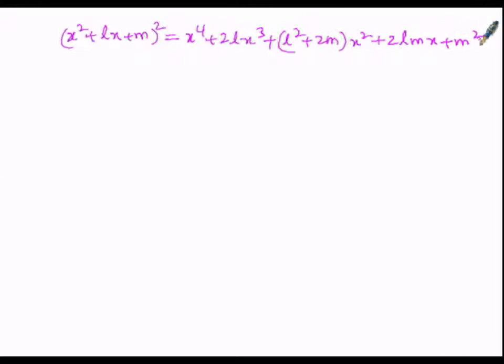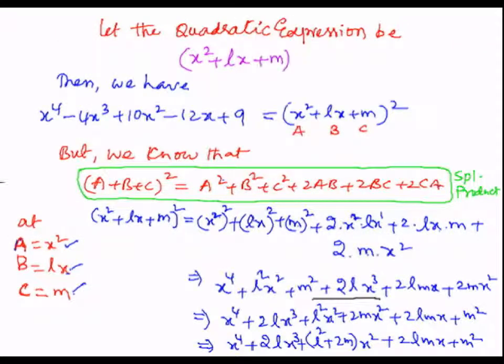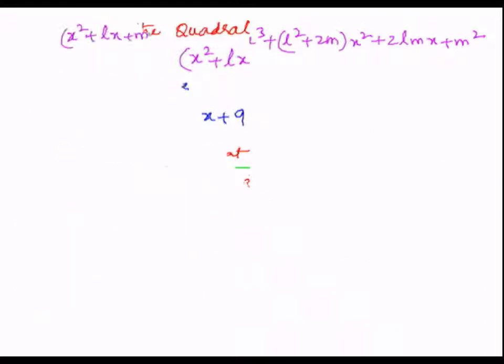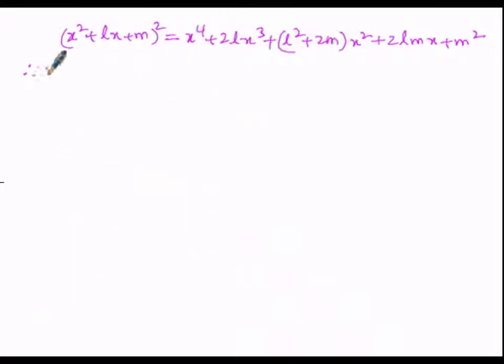Now, but actually as per the problem, this (x² plus lx plus m) whole square is nothing but equal to the given quadratic expression. So the given quadratic expression is, therefore instead of (x² plus lx plus m) whole square, we can write it as x⁴ minus 4x³ plus 10x² minus 12x plus 9 equals to.